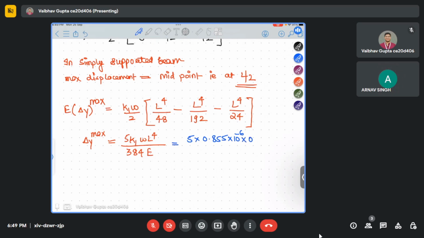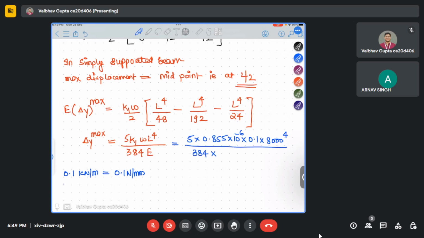W is given as 0.1 kilonewton per meter, which is equal to 0.1 newton per mm also, because we are taking all the units in mm and newton. L is 8 meter, which is equivalent to 8000 mm to the power 4 upon 384.